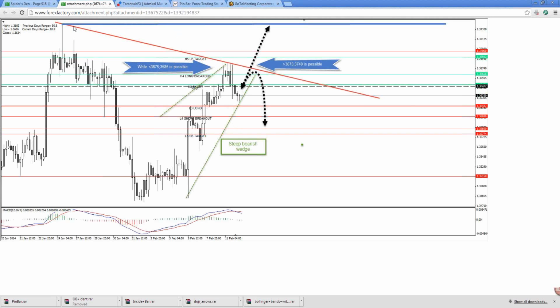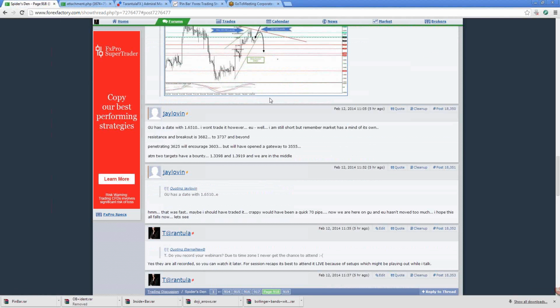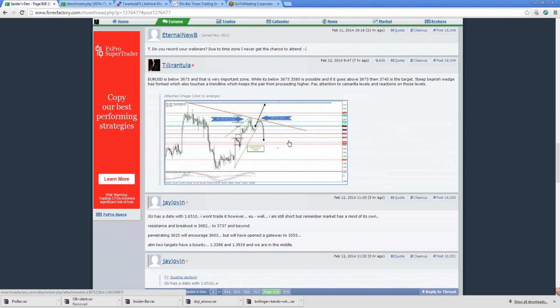We had a wedge, we had a nice trend line, and while we were below this level, 3,585. One of my trader colleagues is of the opinion that euro will go, of course, to the downside, so we will see. It has the potential to still go down from that.